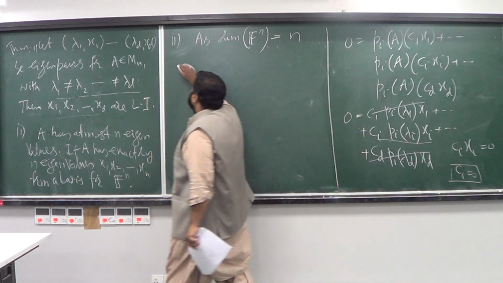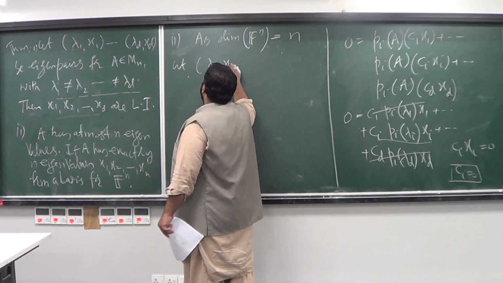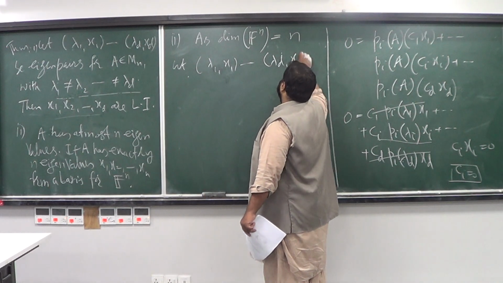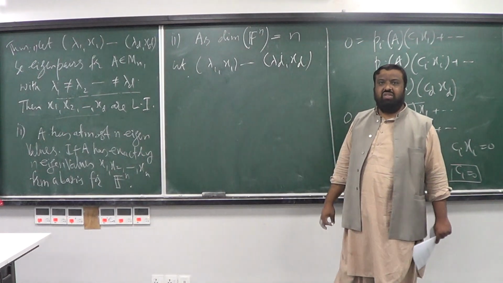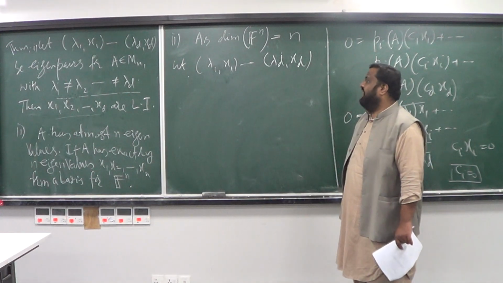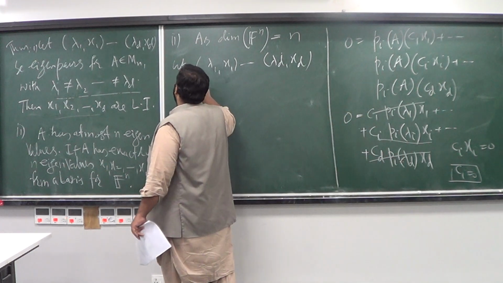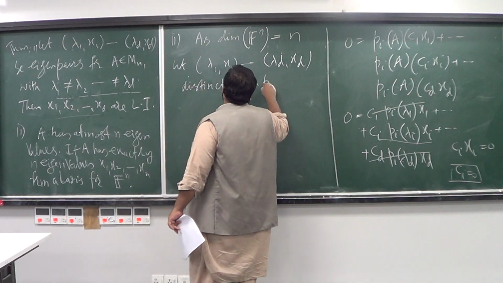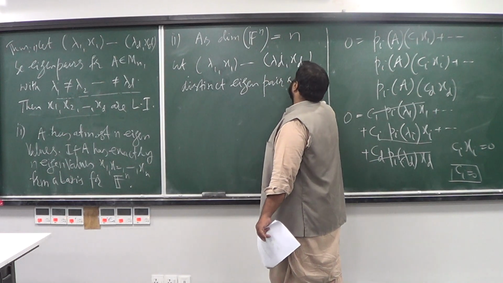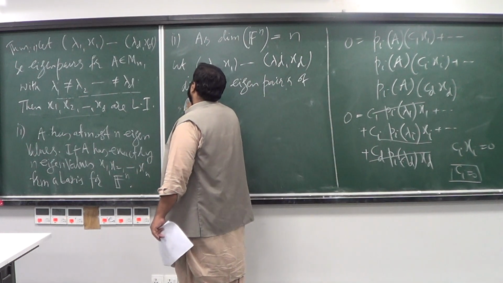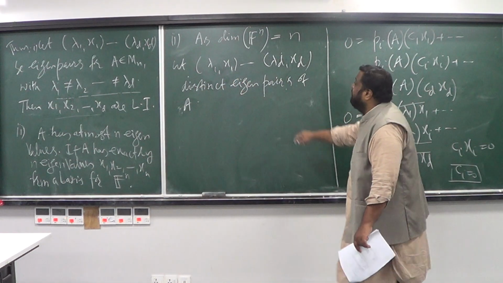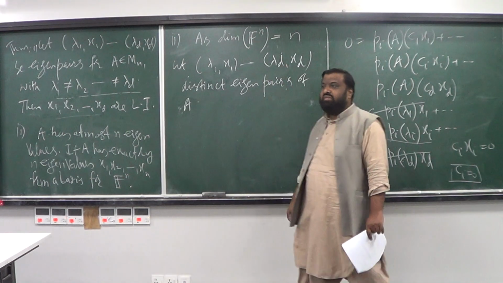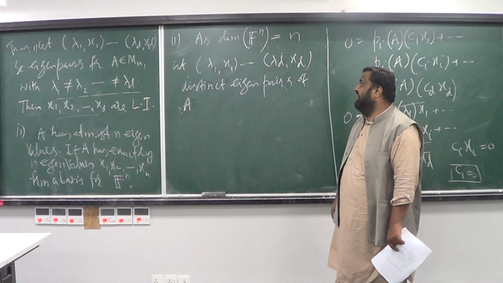Now let lambda 1, x1 up to lambda d, xd be distinct eigenpairs of matrix A, in which each one of these vectors x1, x2, up to xd are elements in Fn.